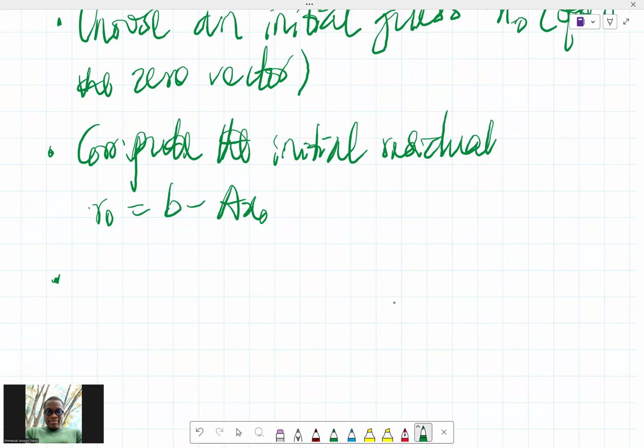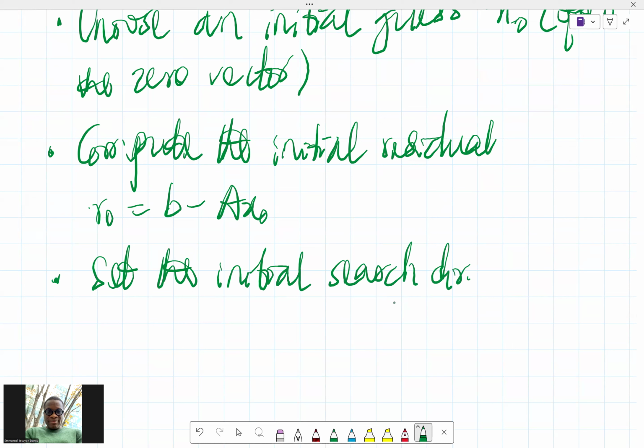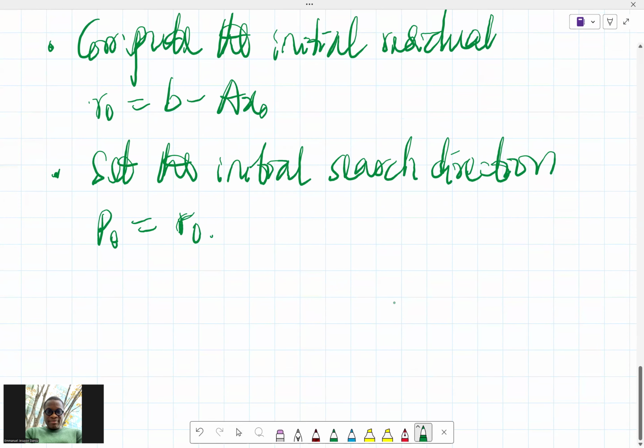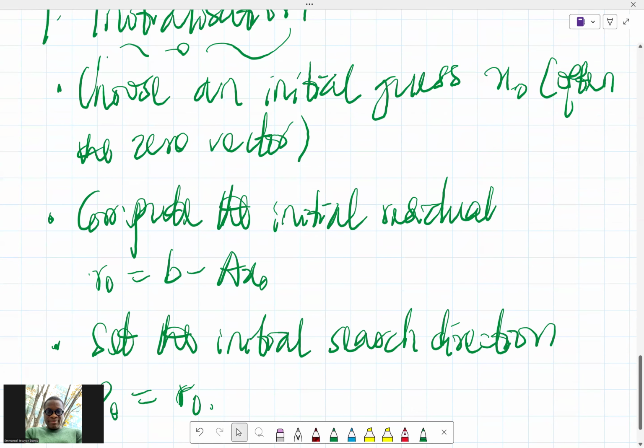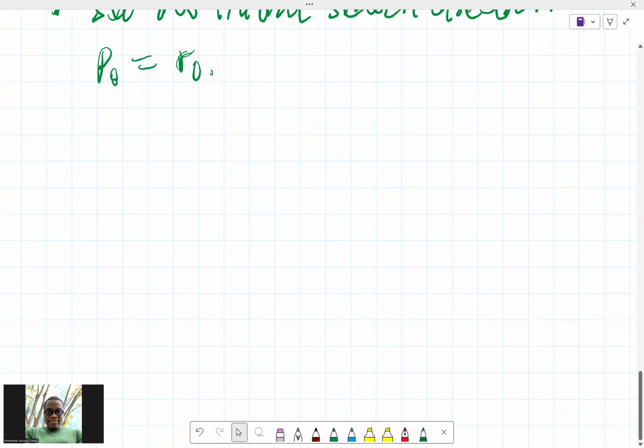Then we set the initial search direction, P naught, which is equal to the initial residual also. P naught is equal to R naught. Important. That's step one, initialization.